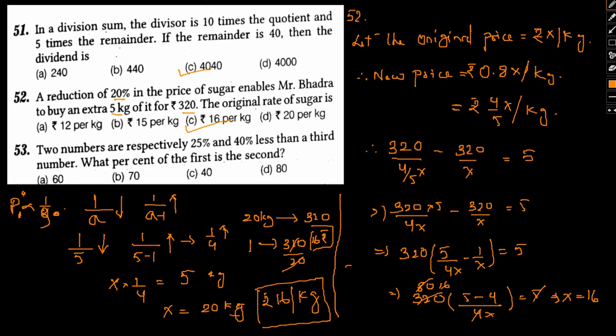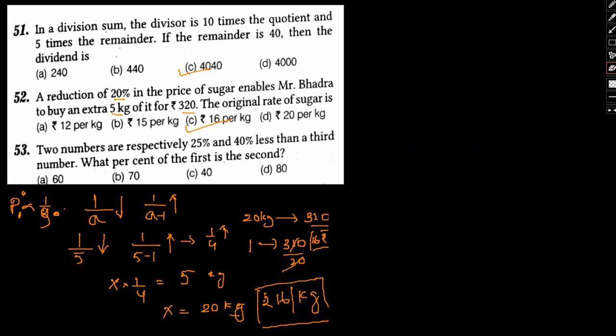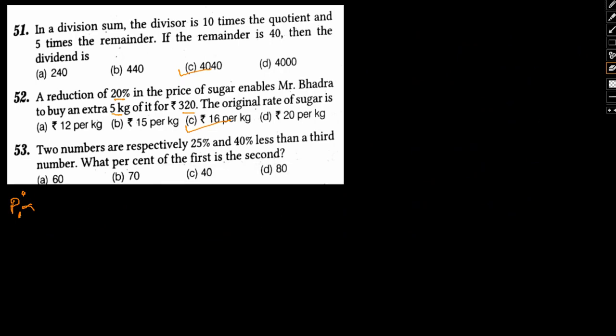So having said that, we'll move to number 53 now. Two numbers are respectively 25% and 40% less than a third number. What percent of the first number is the second number? Okay, so we have three numbers here.